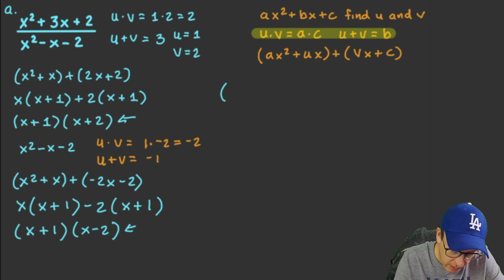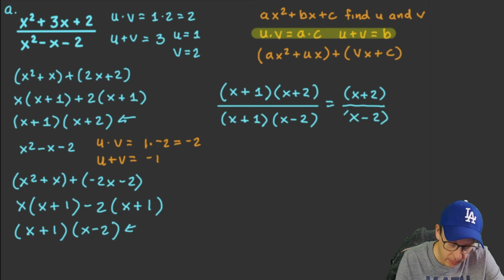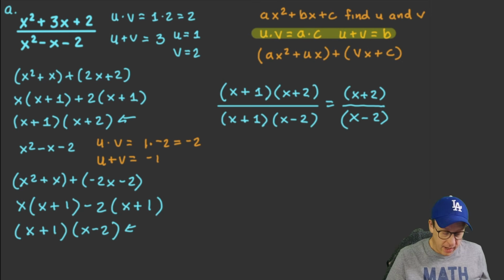I could have just copied and pasted those over there, but I decided not to. So x plus 1 and x plus 2, all over x plus 1, x minus 2, and then we can of course simplify that further and get x plus 2 over x minus 2. Okay, another problem done.